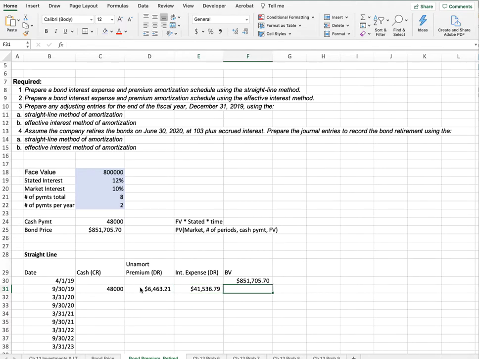And then our book value is equal to our previous book value minus our premium.